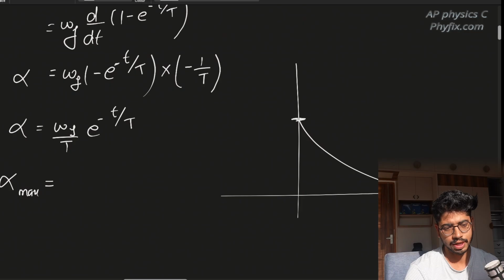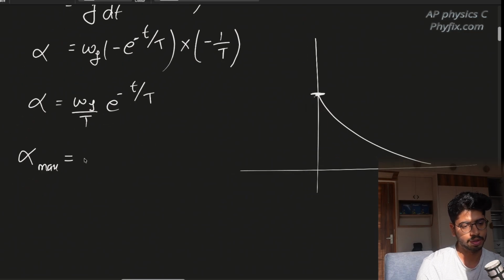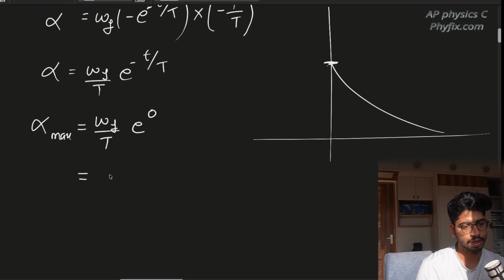So when the time is 0, this exponent has the maximum value. The e power 0 is 1, since anything to the power 0 is 1, so omega f by T is the maximum alpha.